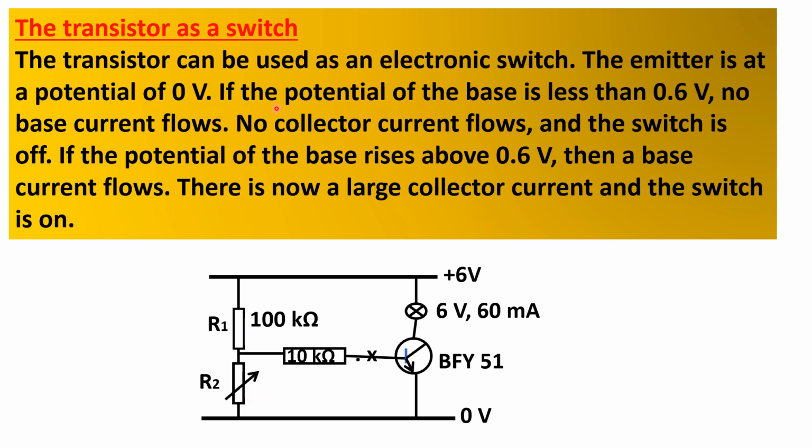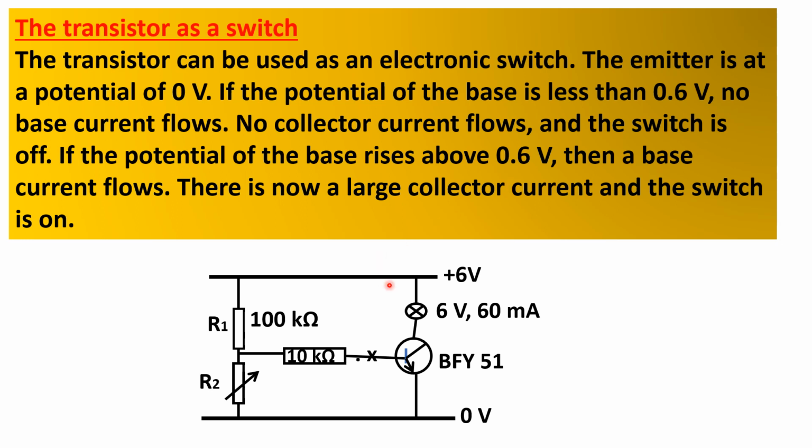That means if the potential of the base is less than 0.6 volt, there will be no base current. In other words, that is the limit: if the potential of the base is less than 0.6 volt, then there will be no substantial amount of base current that will flow.